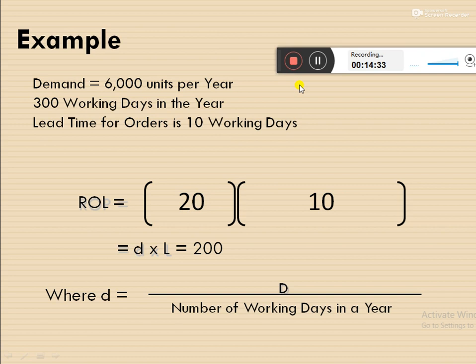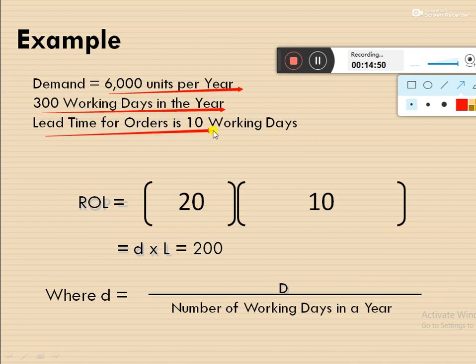Let's have an example of it. Suppose the total demand is equal to 6000 units per year, and there are 300 working days in that particular year. Lead time to get a fresh delivery is equal to 10 working days. In that case, reorder level would be equal to 20 into 10, where 20 denotes the D, that is the daily requirement of units.